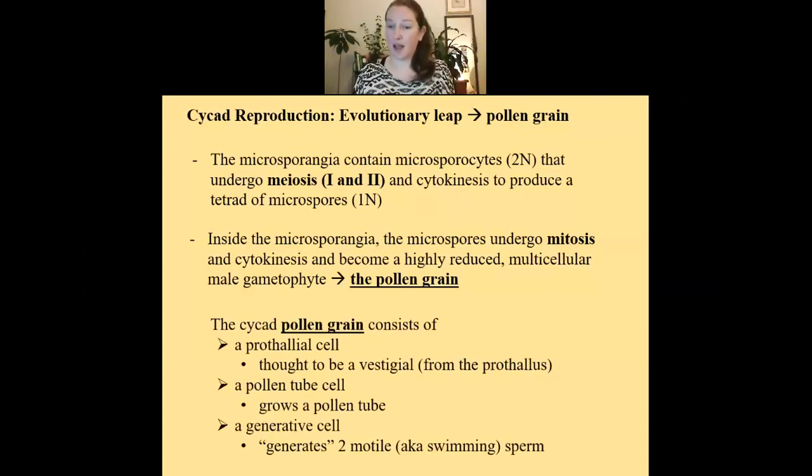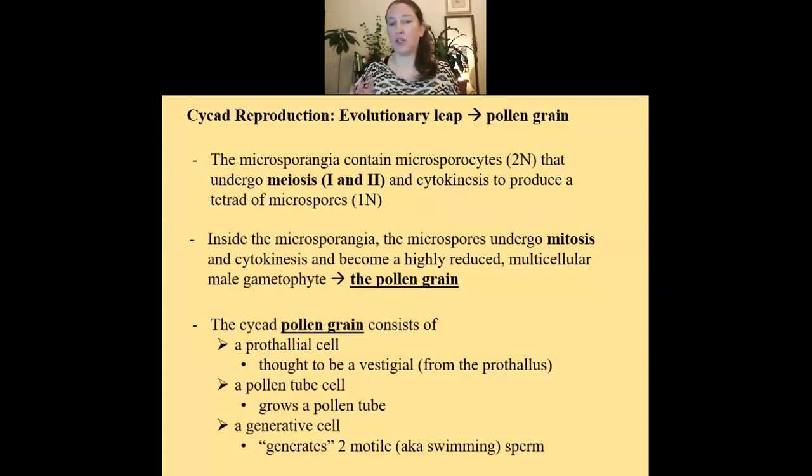And in cycads, that pollen grain has these parts: a prothallal cell, pollen tube cell, and a generative cell. The prothallal cell, we don't really know what that even does. We think it might be leftover or vestigial from the shape of a prothallus.